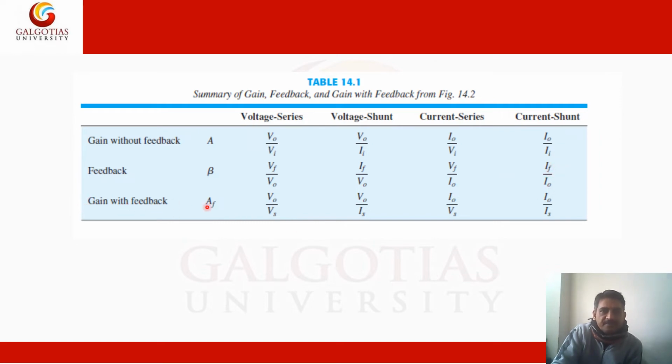So gain with feedback for voltage series is V0 upon Vs, where Vs is the applied input voltage and V0 is the output voltage. Voltage shunt is V0 upon Is, current series is I0 upon Vs, and current shunt is I0 upon Is.